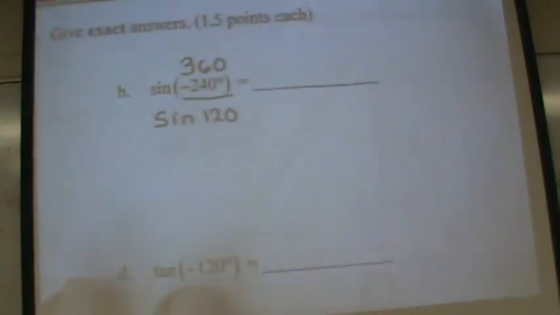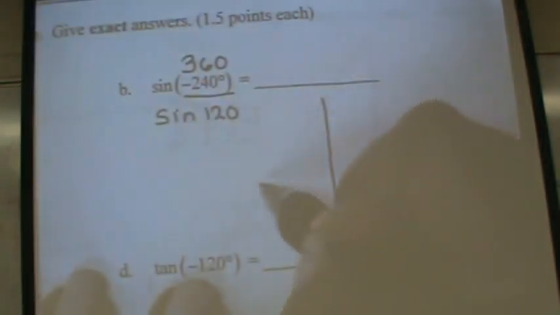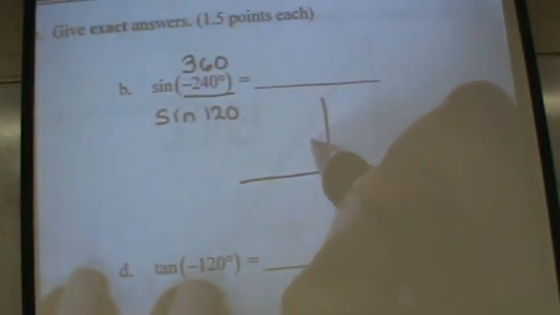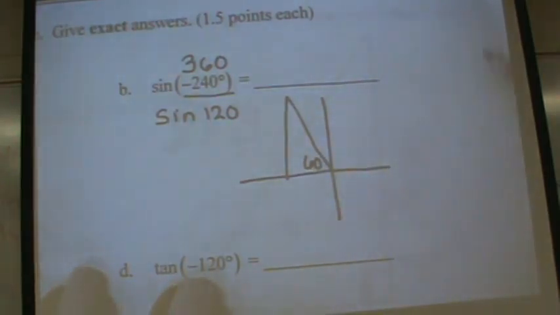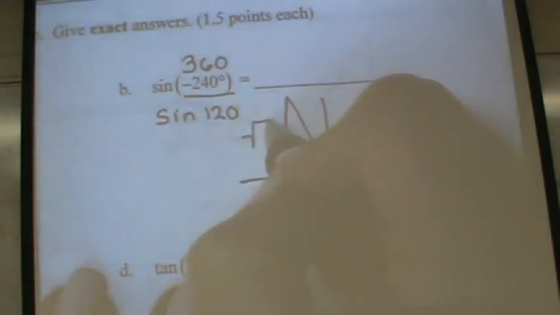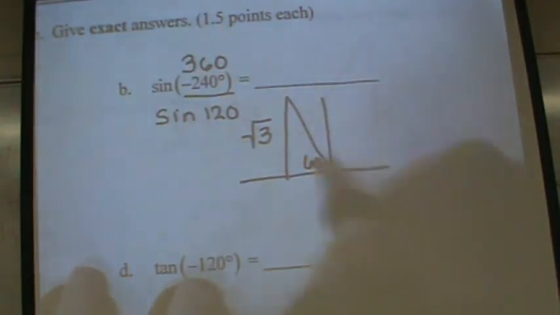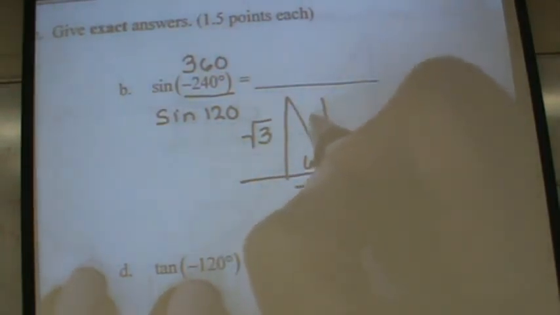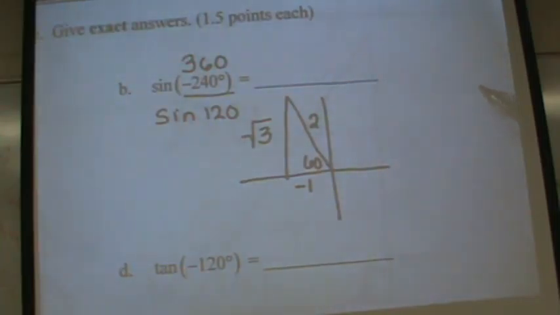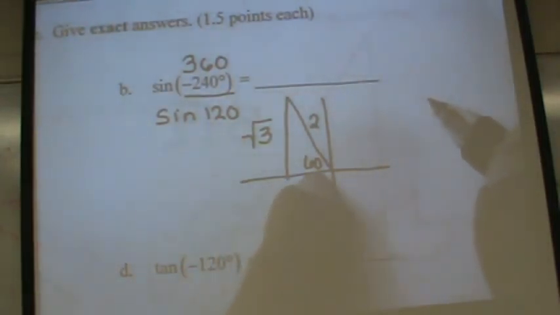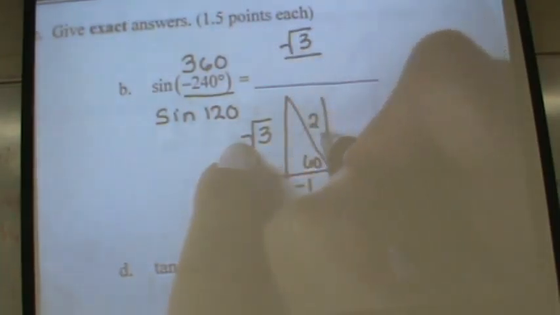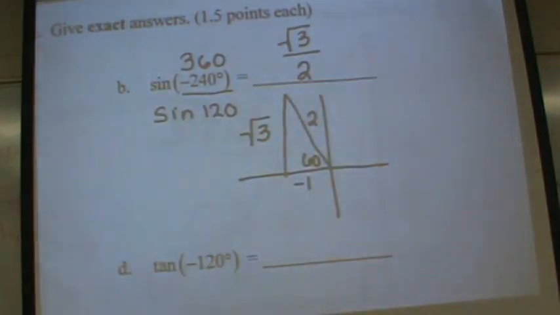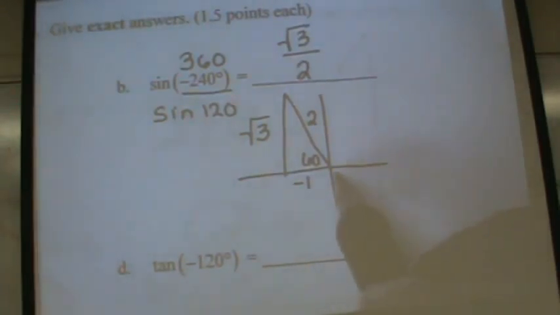So this is what I have. I'm gonna draw my angle. This is a 60. So this side is √3. This is gonna be -1, and this is 2. What's the definition of sine? Opposite over hypotenuse. Now, why did I call this -1 and this positive √3?